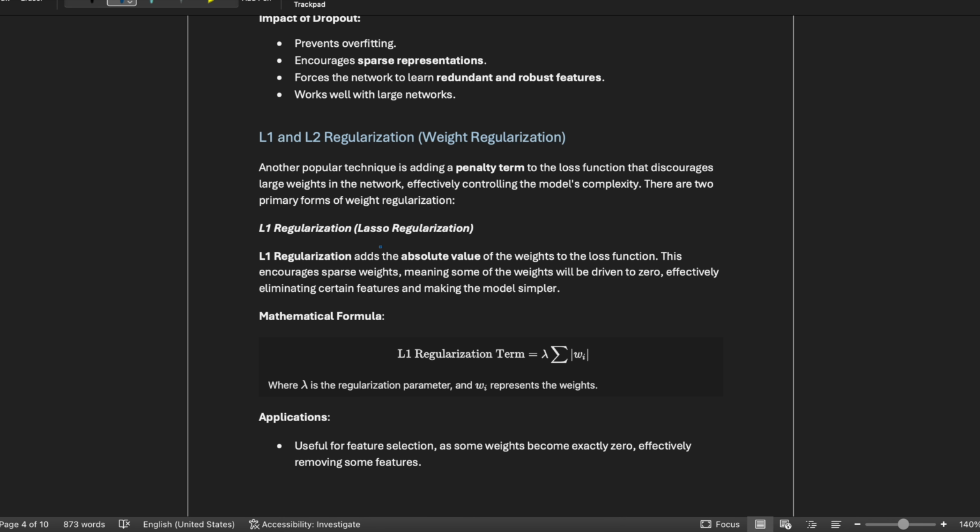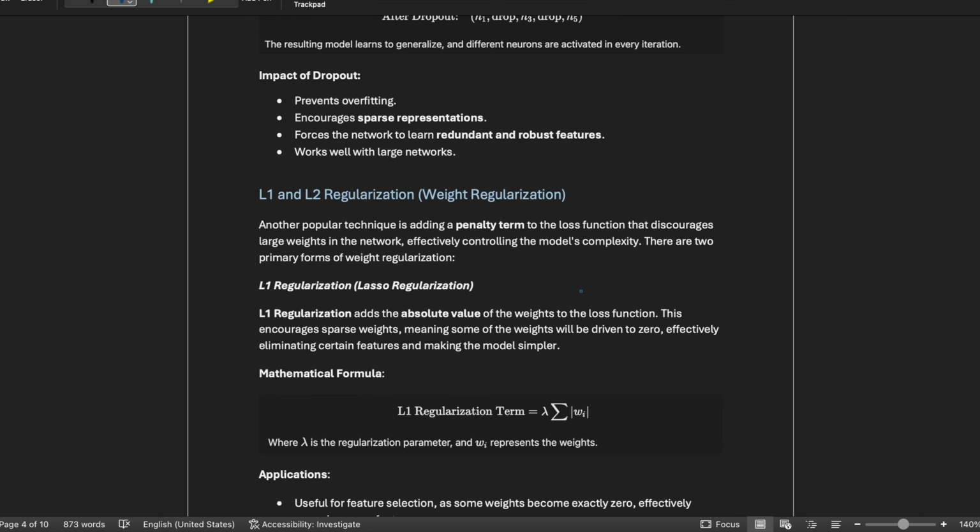L1 regularization is also called lasso regularization. So this is the formula of L1 regularization. Wi is basically the weights, and L1 regularization adds the absolute value of the weights to the loss function. This encourages sparse weights, meaning that some of the weights will be driven to zero, effectively eliminating certain features and making the model simpler.